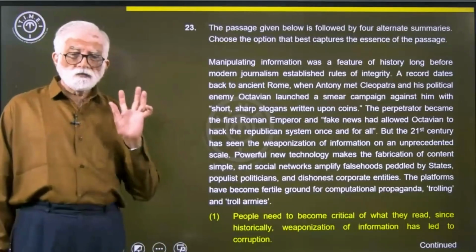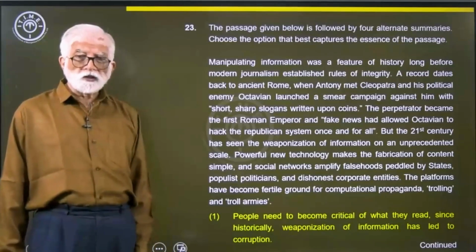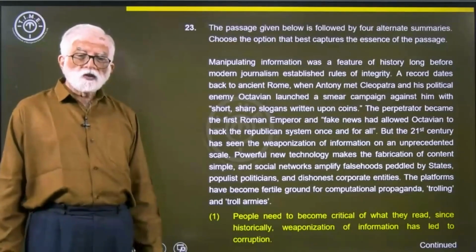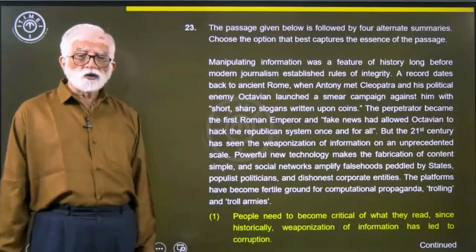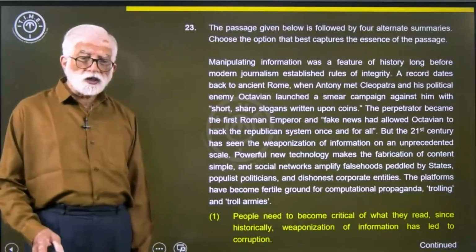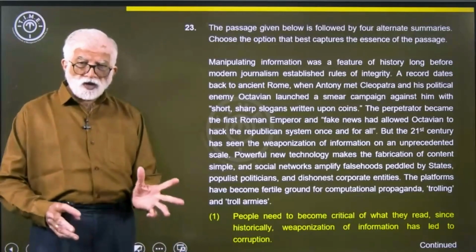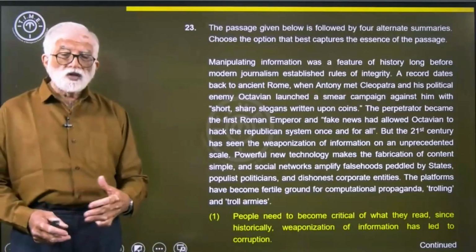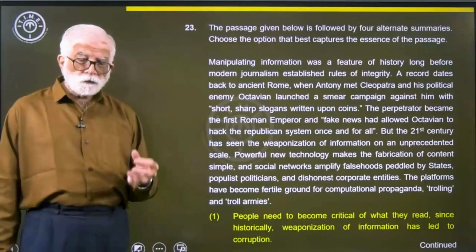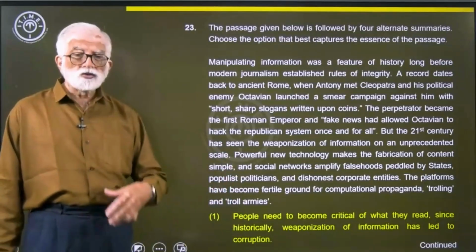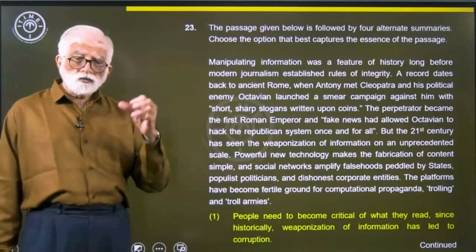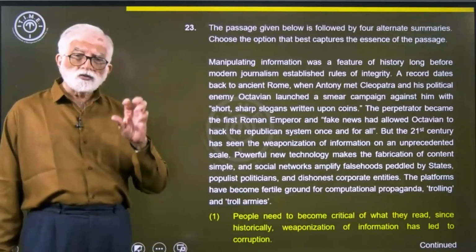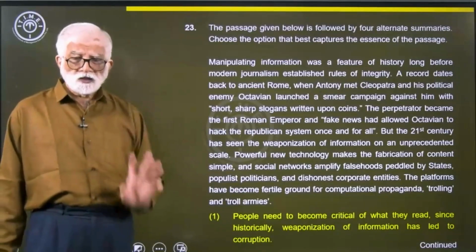They all actually manipulate the public through fake information. The platforms have become fertile ground for computational propaganda, trolling and troll armies. That means the fact that all of us are socially connected makes it even easier for people to use such propaganda, or to manipulate, or to provide fake statements, or to criticize other people for fake reasons.